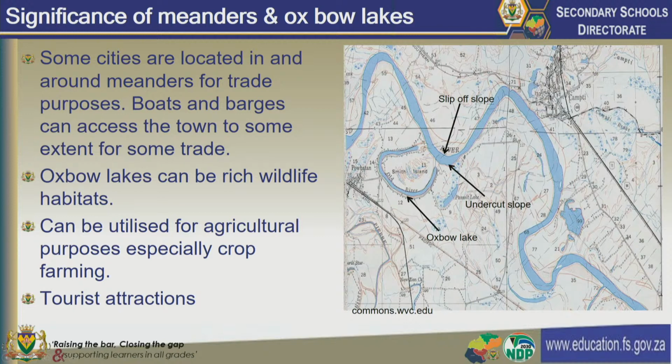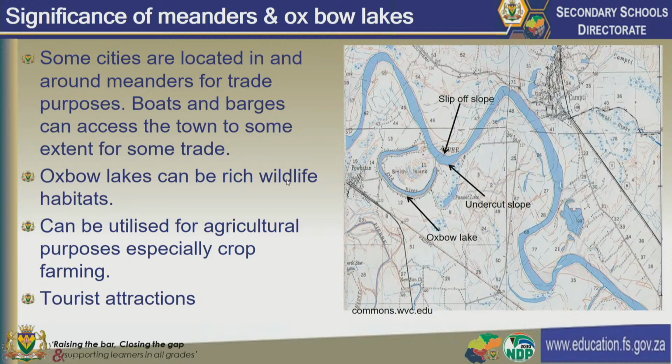And then there is my oxbow lake on my topographic map. And even here it's labeled, this was part of the old river, this oxbow lake. Remember I said after some time the water that is here will be lost, and then you are going to be left with a scar, and that scar we call a meander scar.